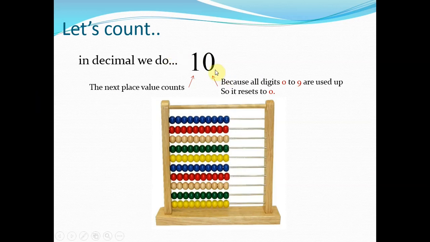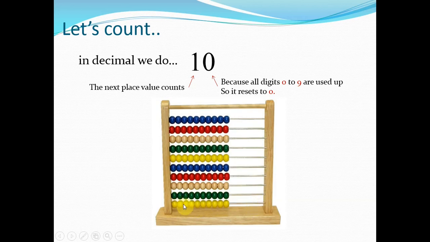None, right? So the moment we reach 9, we reset to 0, and then increment the next place value by 1 bead. That is how we do it also in the abacus. So we move 1, 2, 3, 4, 5, 6, 7, 8, 9 beads, or all the beads are moved to the right.